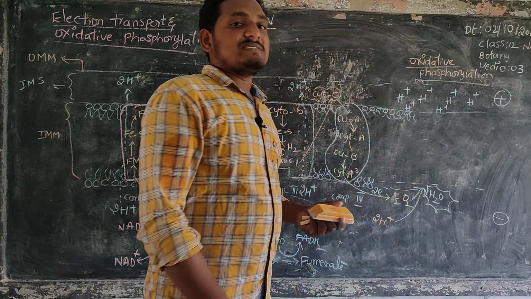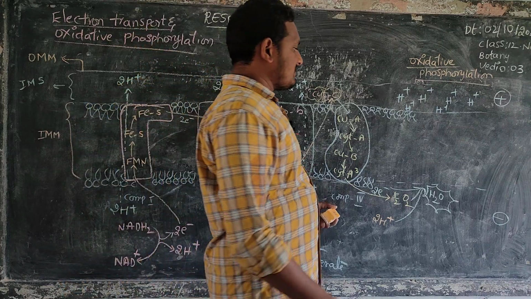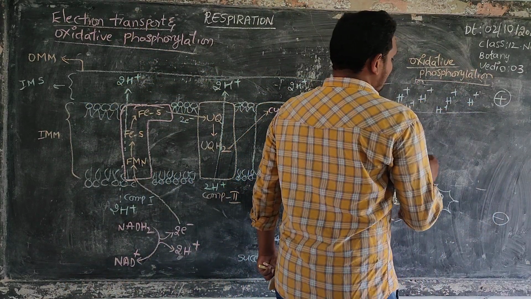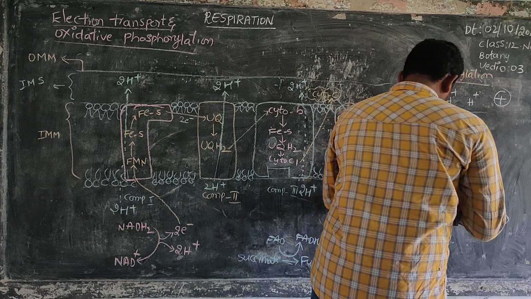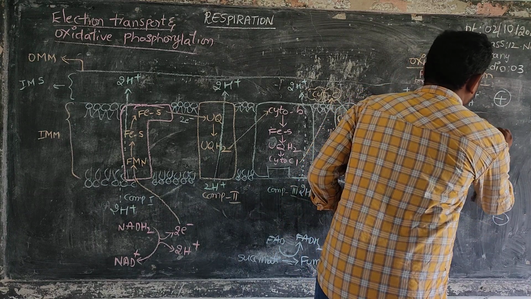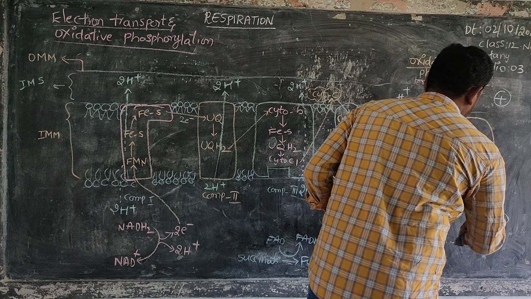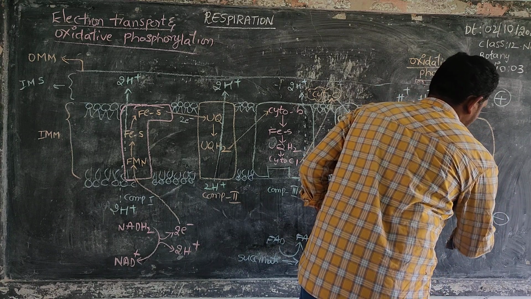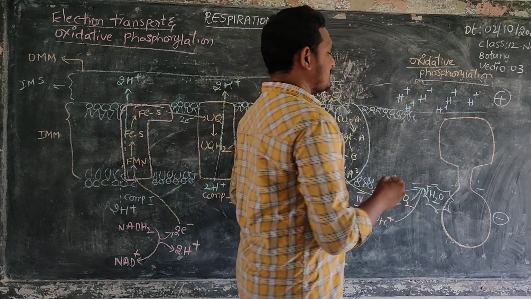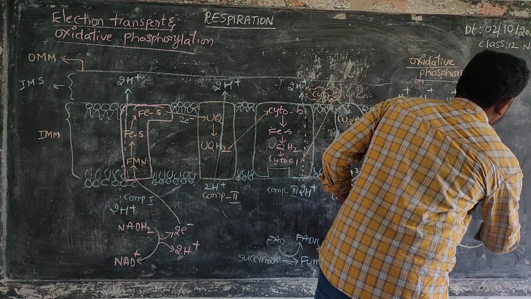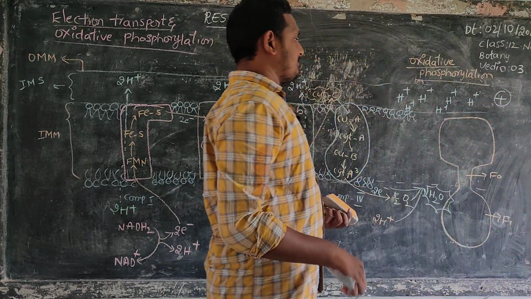They cannot easily pass through; they come through the help of proteins, the F0 F1 particles.